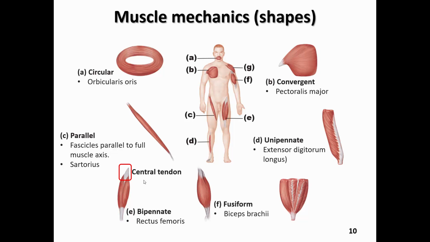A fusiform muscle, the biceps brachii, is an example of a fusiform muscle, which is a muscle that is spindle shaped, as the definition of fusiform.